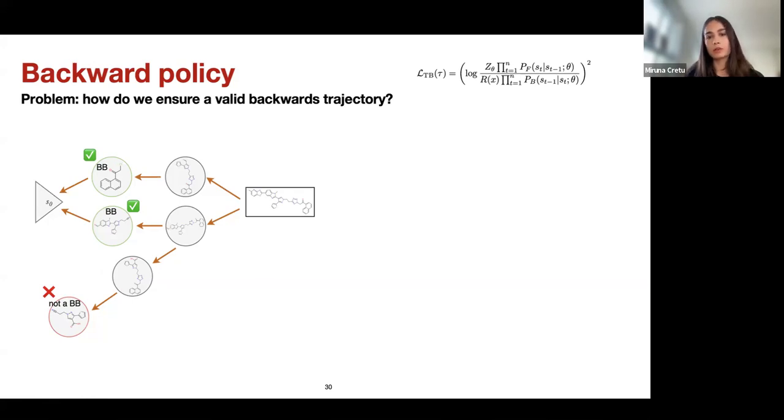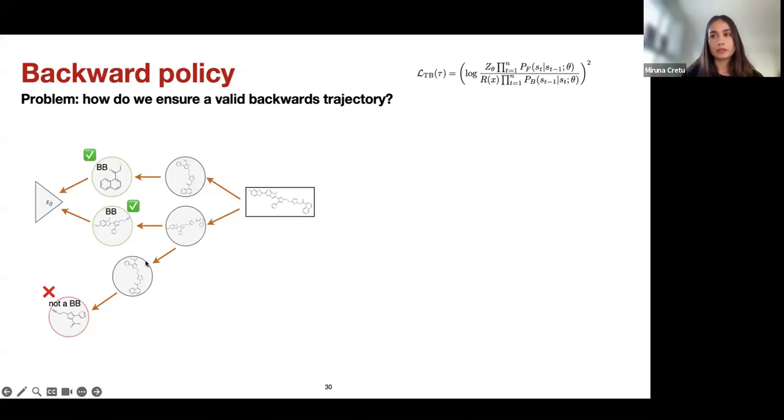What that means in a reaction-based setting is that we want the policy to define a distribution only over valid parents, and that is parents of nodes that make it back to a building block. So this finite set of 200,000 molecules that we can actually purchase.